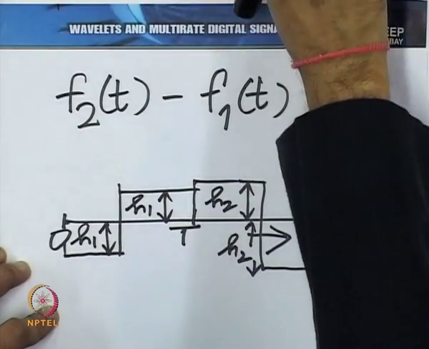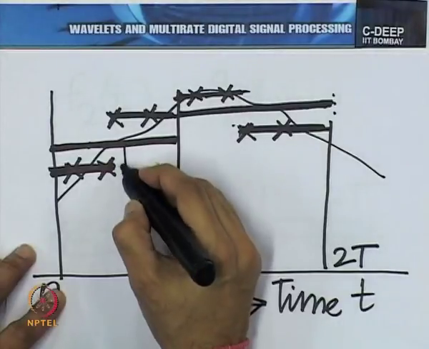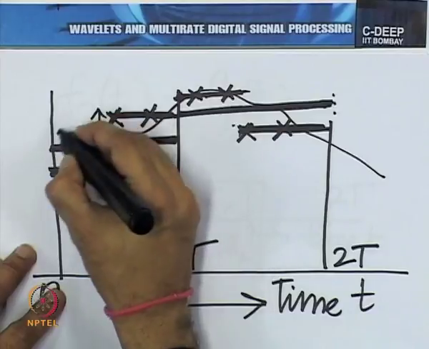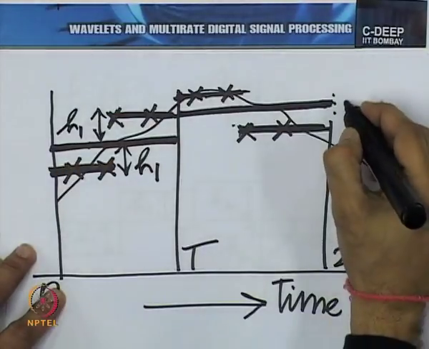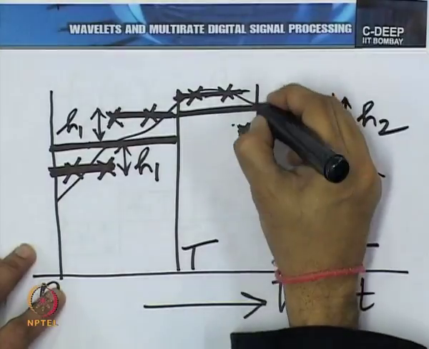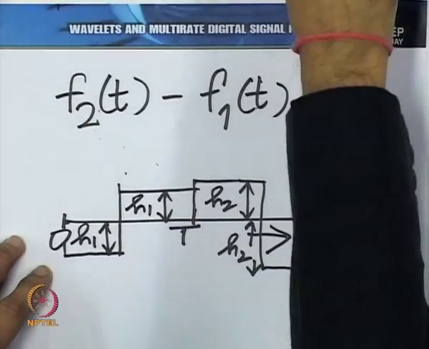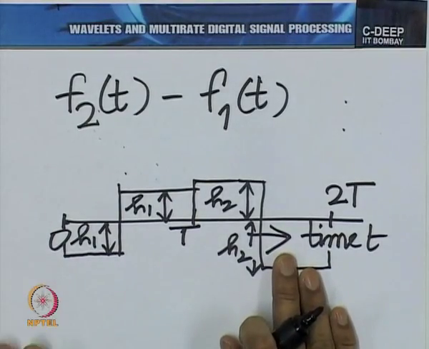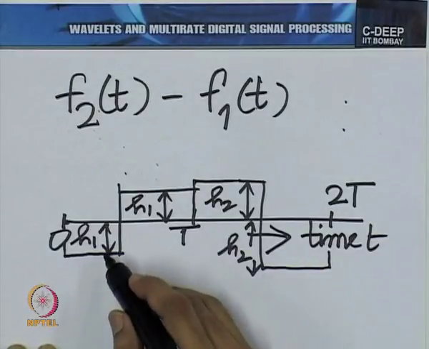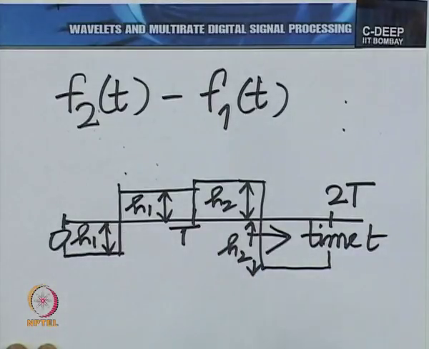Let me mark h1 and h2 on this diagram too. So, this is h1 and this is h2. Of course, so is this. Simple enough. Now, if we look carefully, we can construct all of this by using just one function.